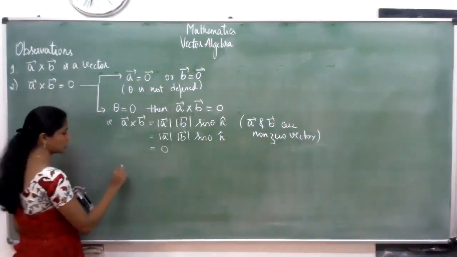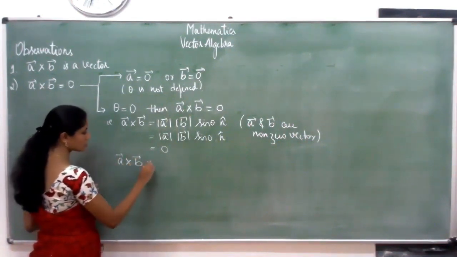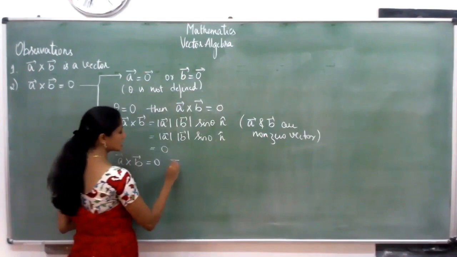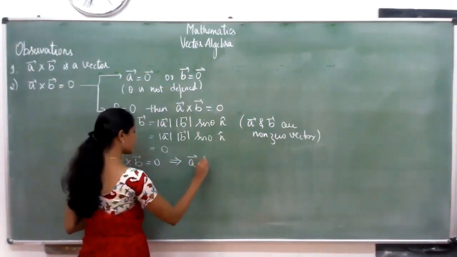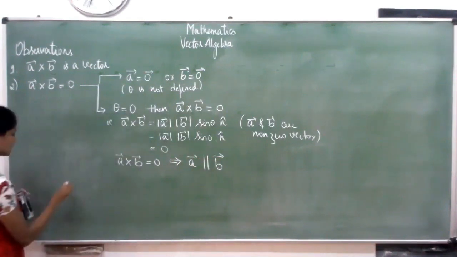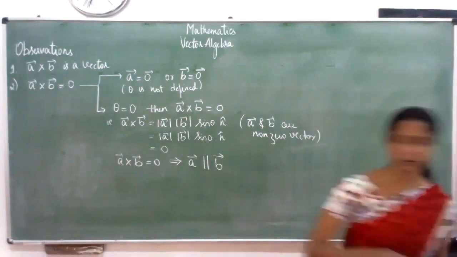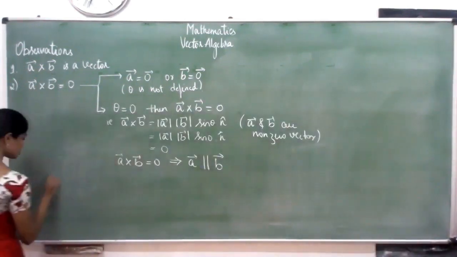What does this imply? If vector A cross vector B is 0, this implies that vector A is parallel to vector B. That is, if I take two vectors, vector A and vector B, both non-zero.